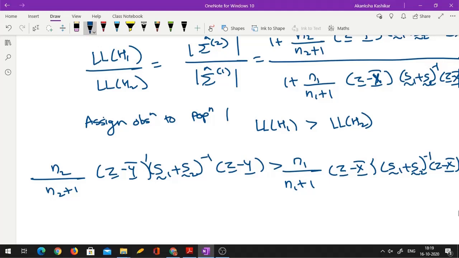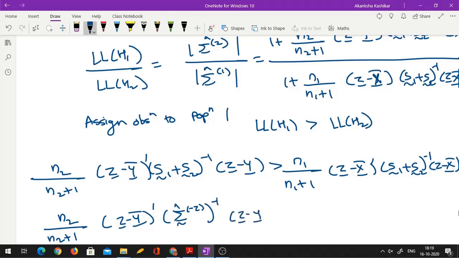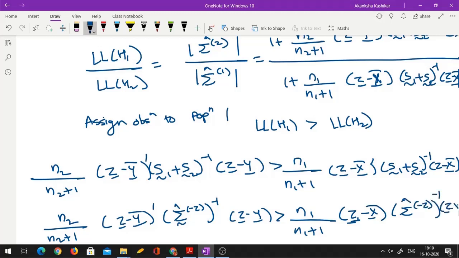I can also bring in N1 plus N2 plus 1 on both the sides to make this (Z minus Y bar) into sigma hat without Z inverse (Z minus Y bar), and N1 plus 1 same story, so (Z minus X bar) sigma hat without Z inverse (Z minus X bar) prime.